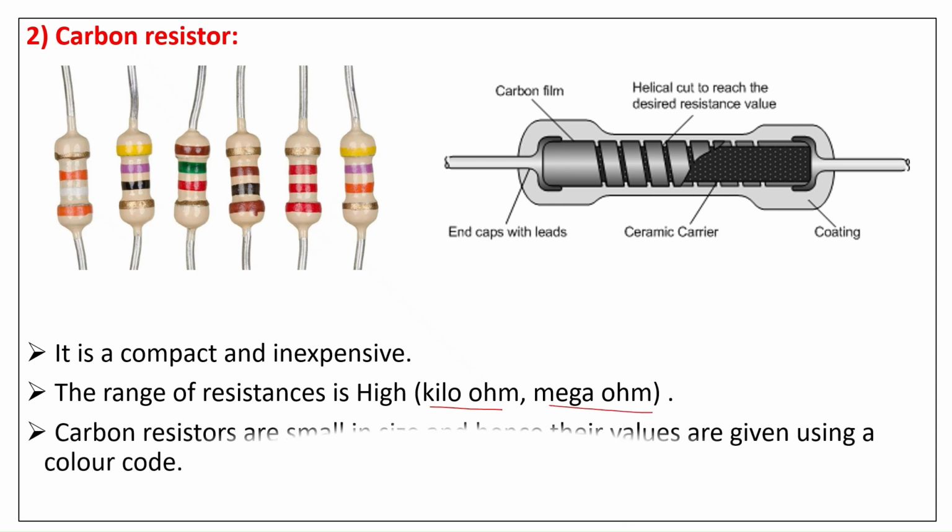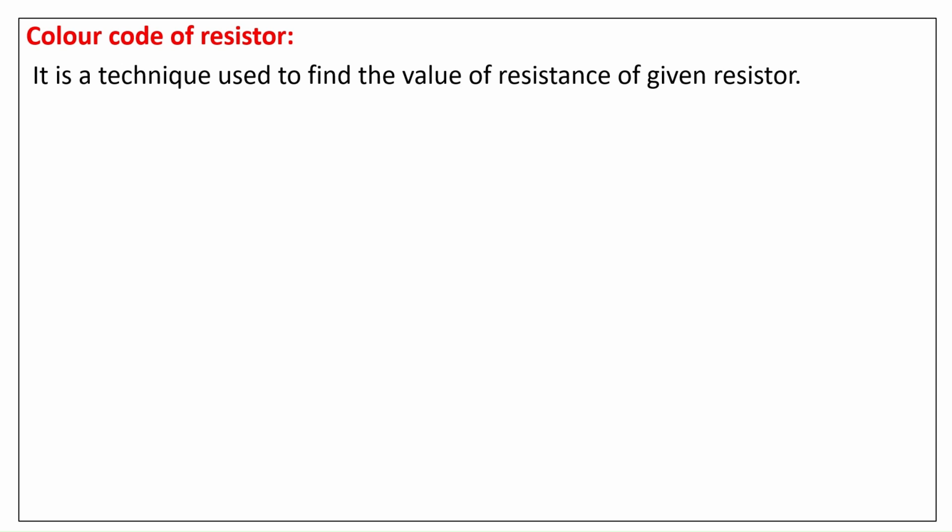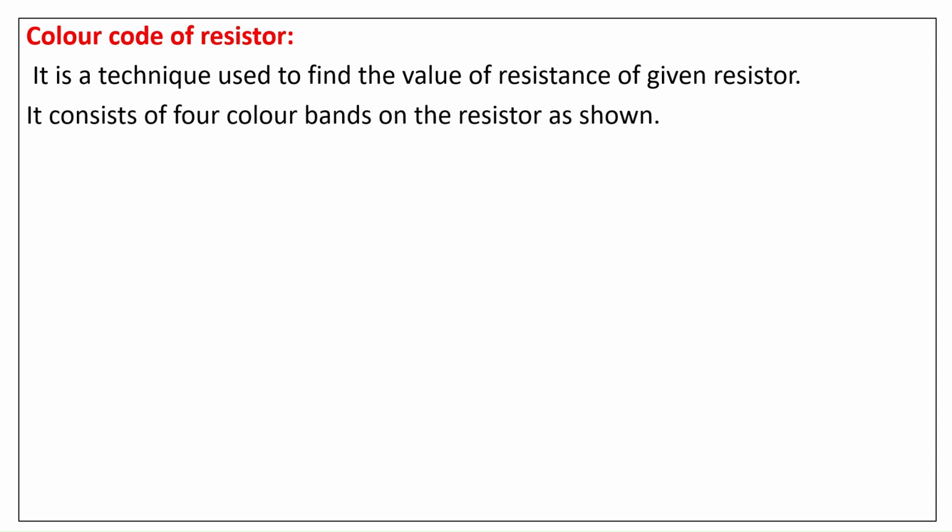Carbon resistors are small in size and hence their values are given using a color code, as shown in the diagrams. Next, we see the color code of resistor. It is a technique used to find the value of resistance of a given resistor. It consists of 4 color bands on the resistor as shown.